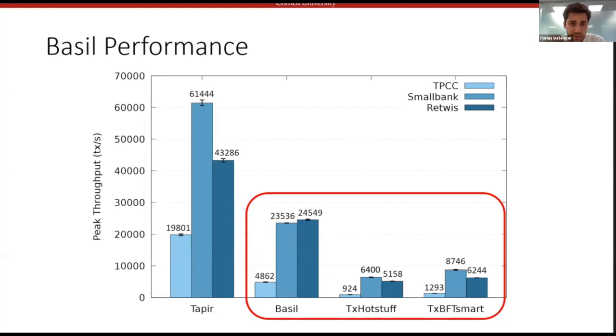And here you can see that Basil actually significantly outperforms both the baselines. That's mainly because we avoid the redundant coordination during distributed commit, which allows us to commit in a single round trip. And this reduction of latency directly translates into quite significant throughput improvements on contention bottlenecked workloads.